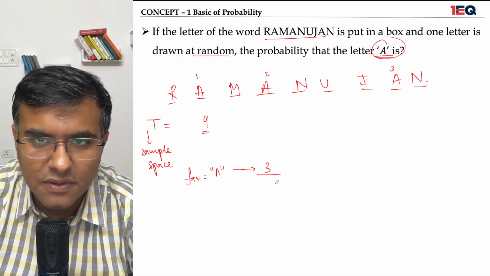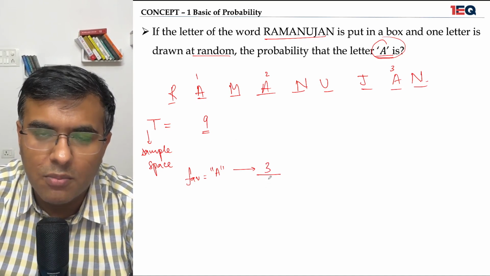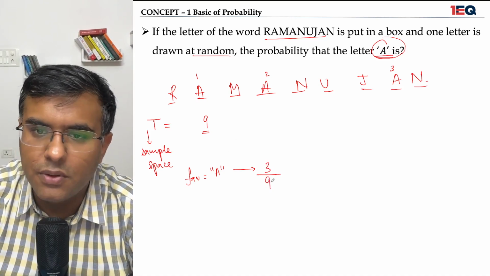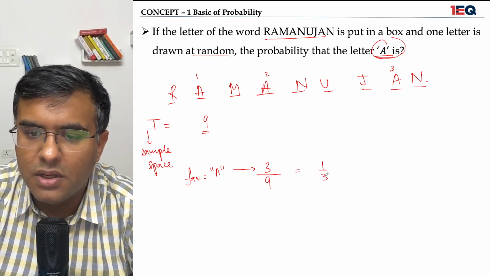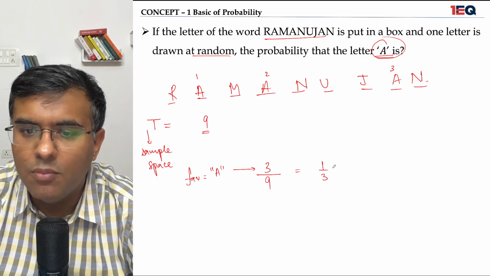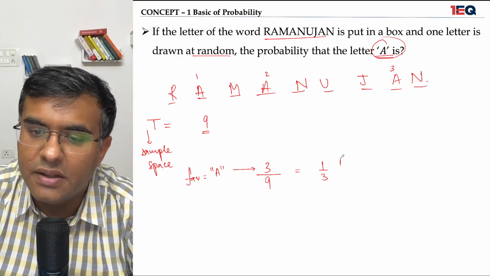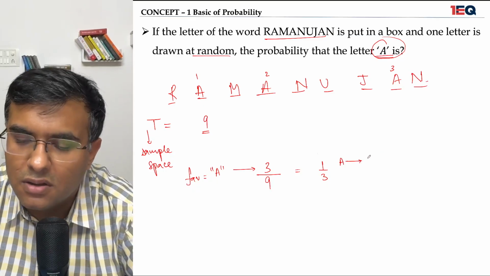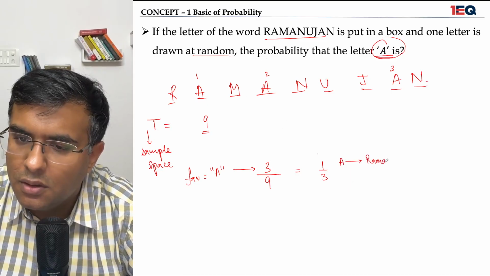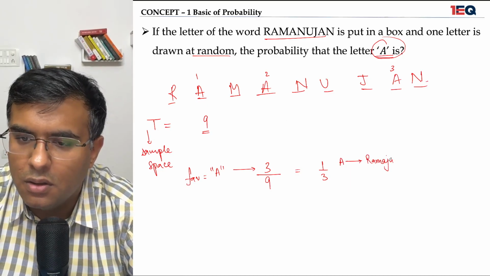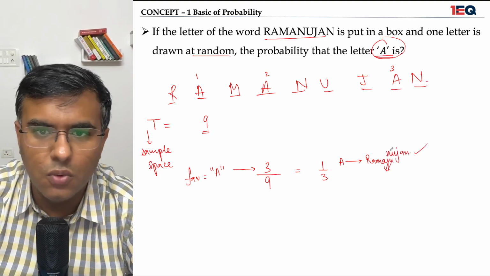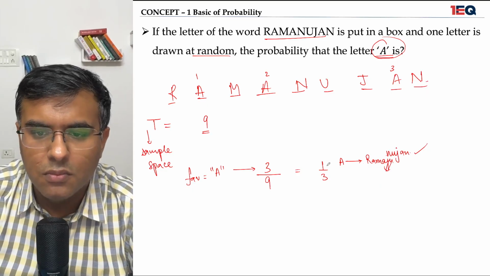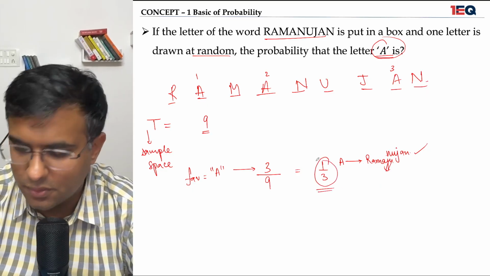The total number of letters in Ramanujan is 9. So 3 by 9, or 1 by 3, would be the probability of occurrence of letter A in the word Ramanujan. Cool. So this is my answer over here.